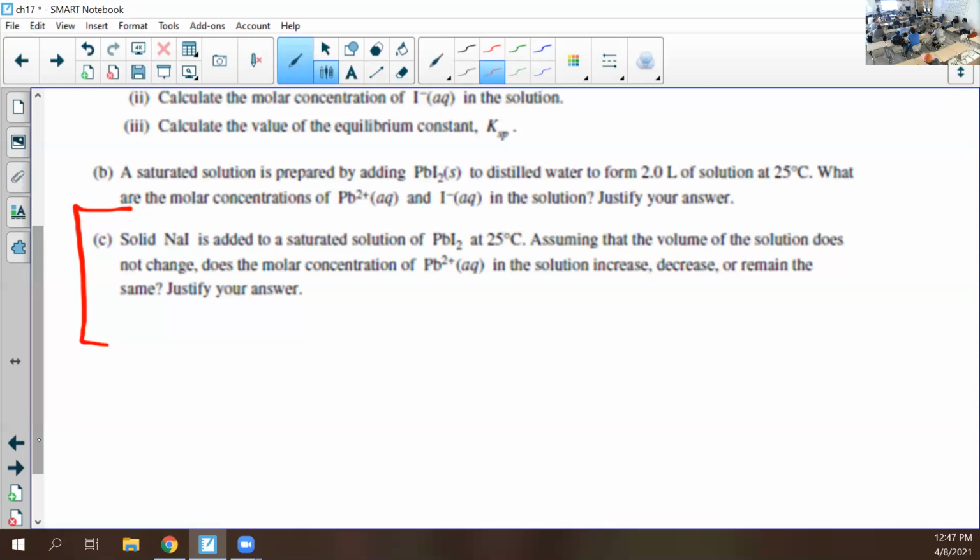Okay, are we ready? Is it going to go up, down, or stay the same? Okay, good. The answer is down. Pb2+ goes down because the addition of a common ion decreases the solubility of the salt. That's all you have to say. The presence of a common ion decreases the solubility of the salt.